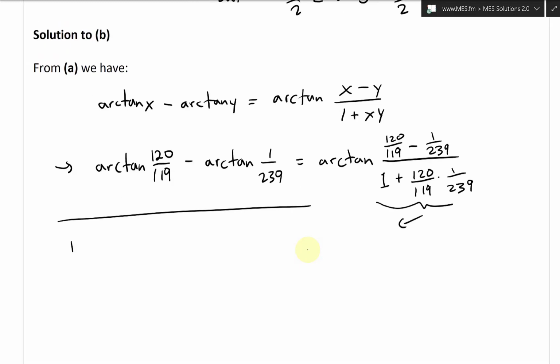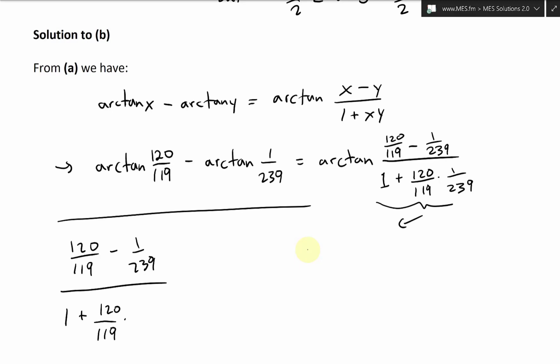So 120 over 119 minus 1 over 239, divide this by 1 plus 120 over 119 times 1 over 239.